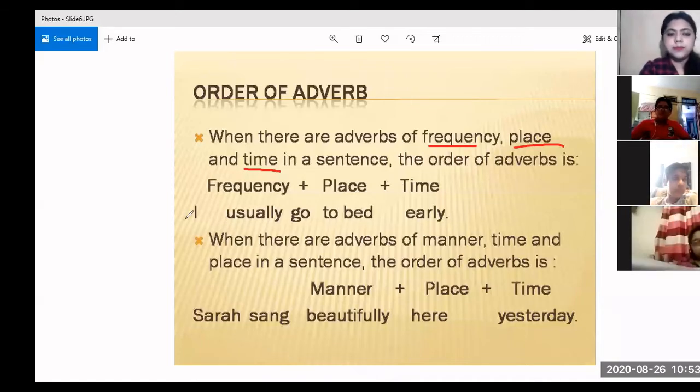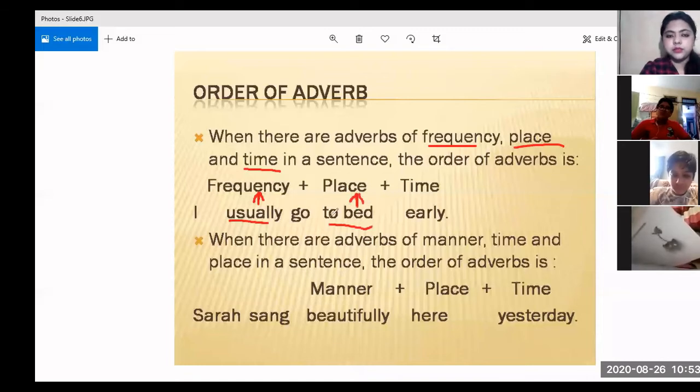So look at the example. I usually go to bed early. Usually is an adverb of frequency. Then to bed is an adverb of place, and early is an adverb of time. So how often?